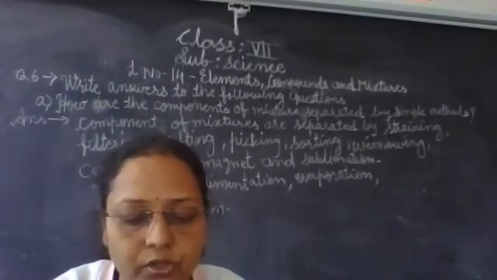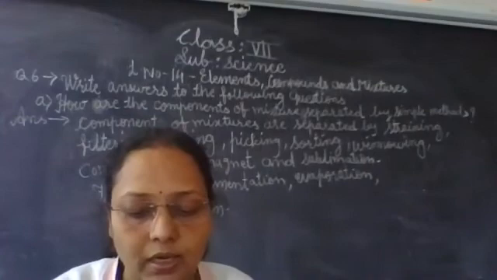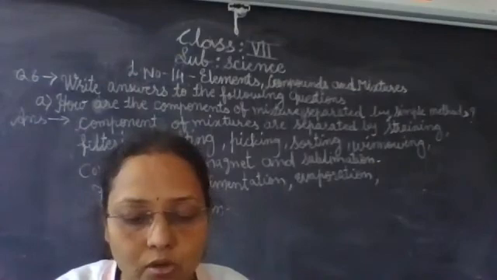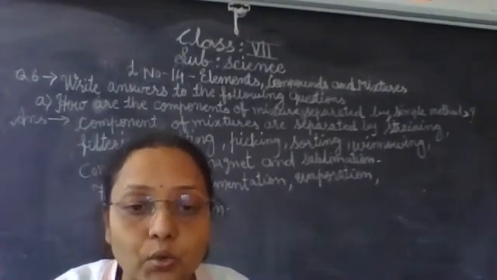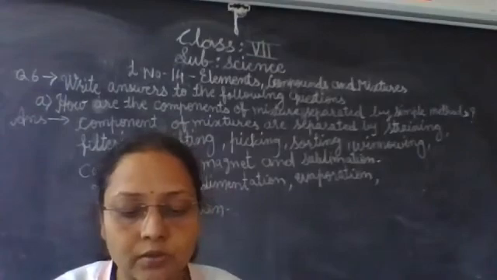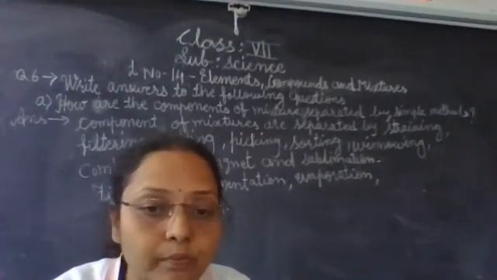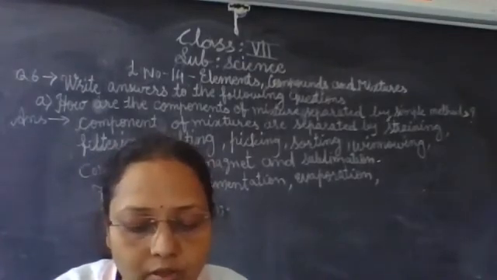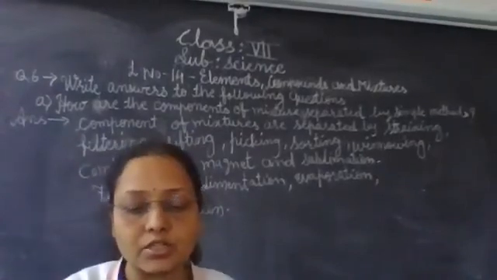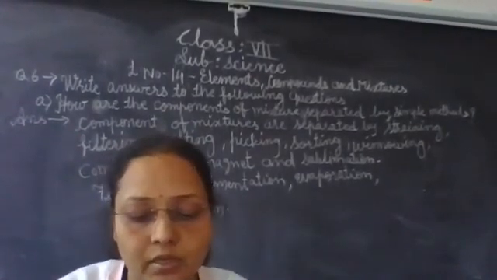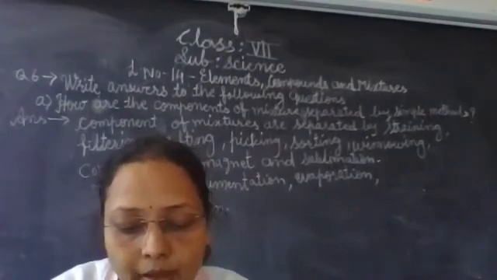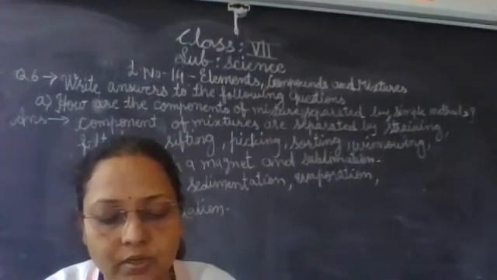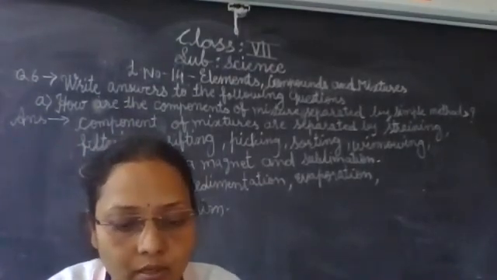It is a process of heating a solution containing soluble solids to form vapors of a liquid and then cooling the vapors to get the liquid back. Okay, so a mixture of common salt and water is taken in distillation flask and heated. Then steam rises up and comes out into condenser. You know the condenser. So this is the distillation method.